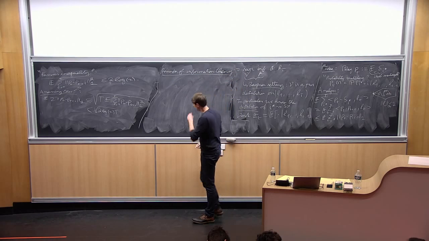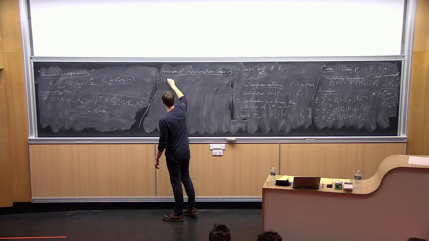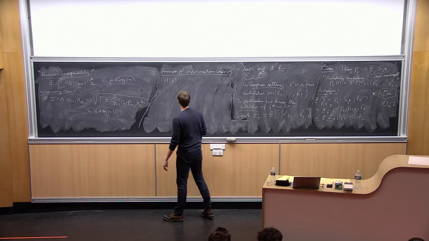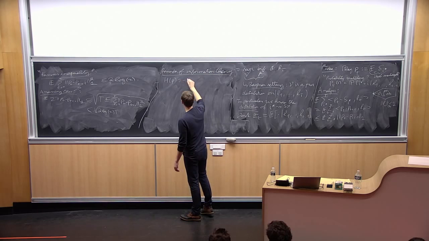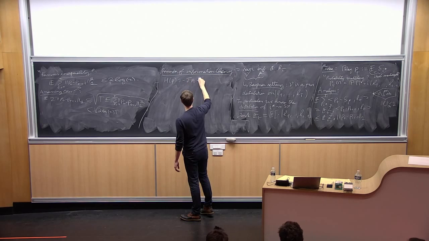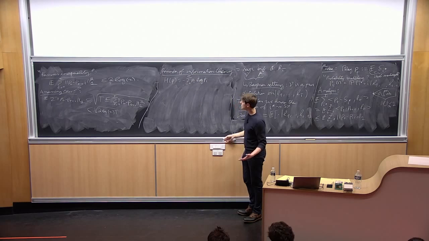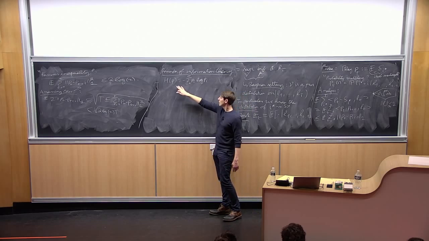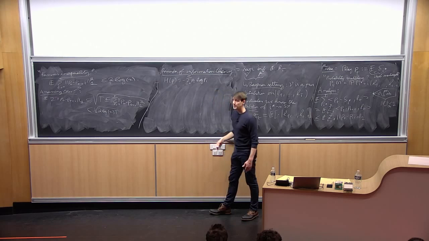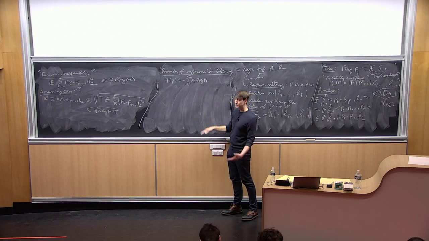Okay, so the entropy of a probability distribution P is just minus the sum of Pi log Pi. Okay, so the interpretation is that if you have an IID source from P, this is the expected length of the optimal code.